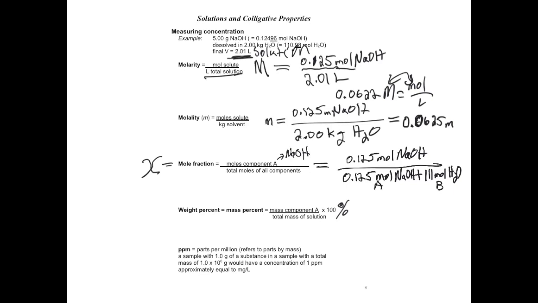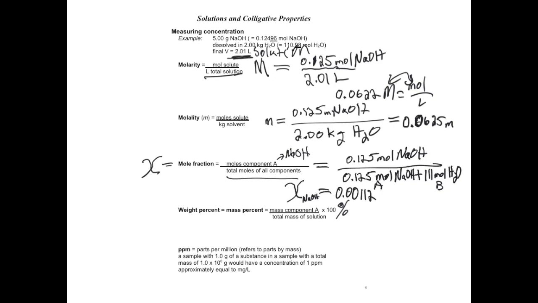So I have to sum the two together to get the final total amount of all components, okay? And so let's do that calculation. I'll write it as the mole fraction of sodium hydroxide, and punch that into the calculator, and you get 0.00112.